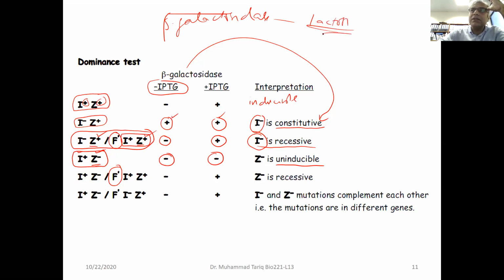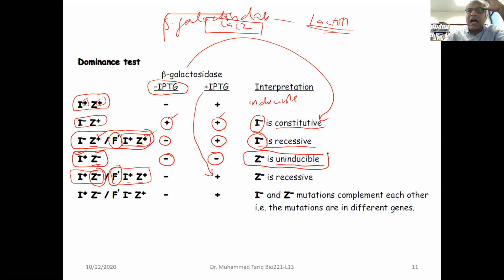You will not see any effect on the lactose concentration, which means lac Z, when it is mutant, is uninducible even if you have a wild type copy of I. To determine whether the beta galactosidase mutant is recessive or dominant, you generate a merodiploid state, bringing in wild type I plus Z plus. And what you discover now is that when I add IPTG, Z is inducible, which means this uninducible phenotype of Z is recessive to wild type.